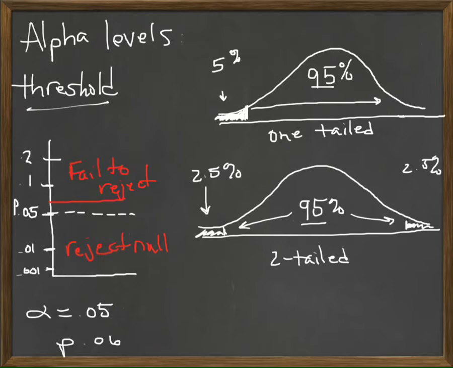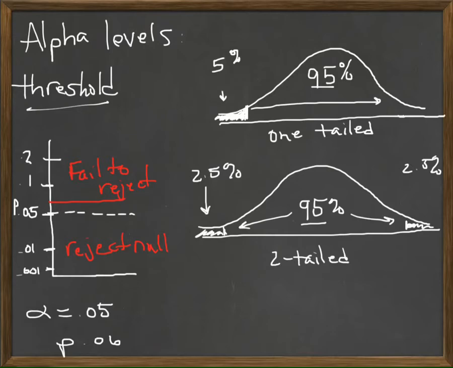So think about your p-value as that threshold level. Majority of the time, the problem is going to tell you to use a p-value of whatever. If no p-value is suggested for you to use, then you simply choose whatever you want. It's most common that we use 5%. That's why I've done that here.